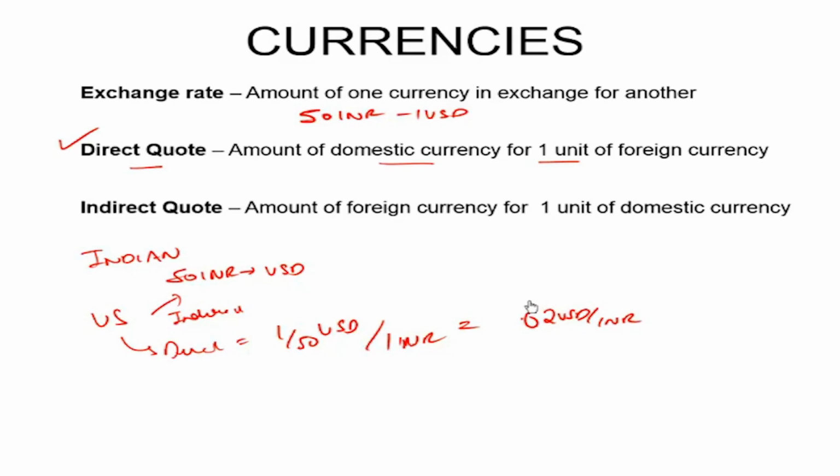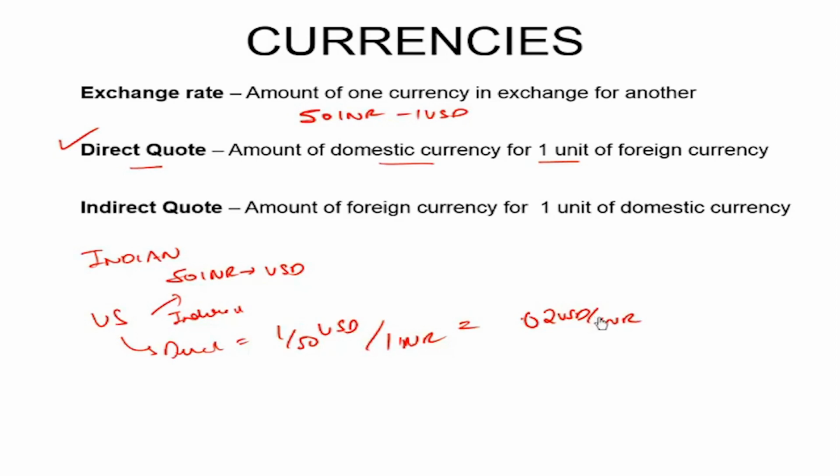Now, the reason why we're discussing this first is that even though they mean the same, 50 INR per USD or 0.02 USD per INR imply the same interpretation, but we must make sure that all currencies are in the same quote before we can start working on them or before we can add or subtract them.